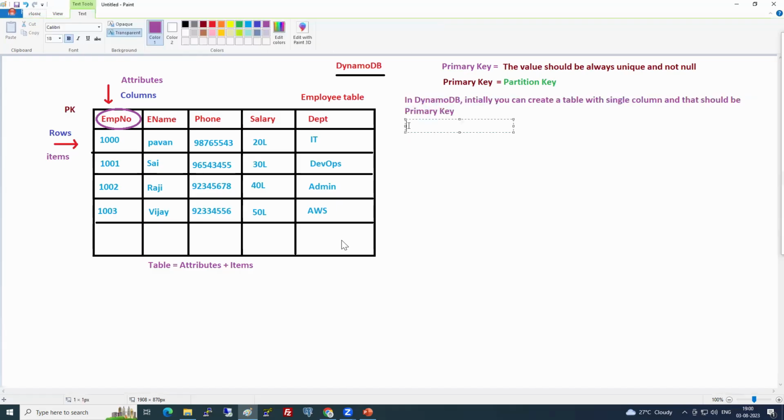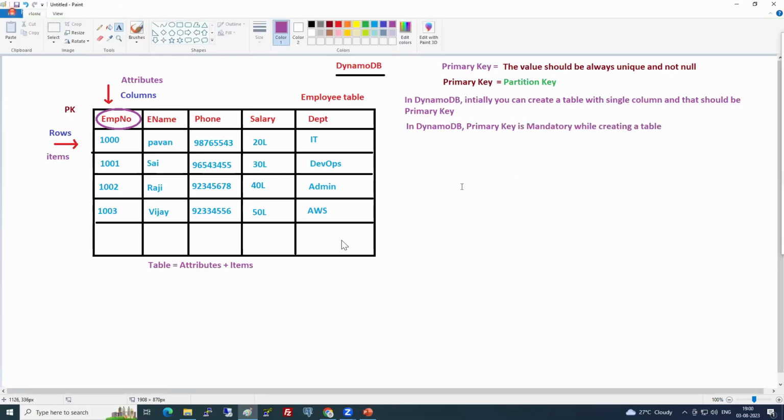So in DynamoDB, primary key is mandatory while creating a table. Got it? Slowly. Okay.